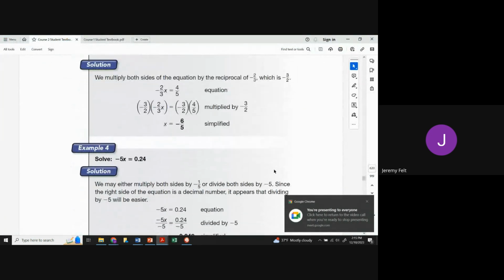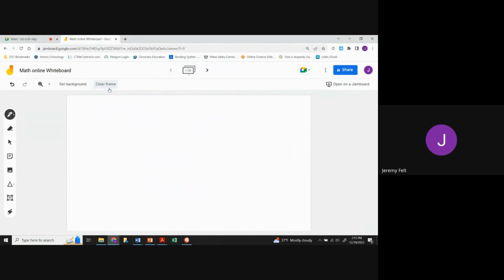Okay, let's say we have negative 5x equals 0.24. Okay, I'm multiplying, so I need to divide. The number over itself, even the negative number, negative 5 divided by negative 5 is 1.